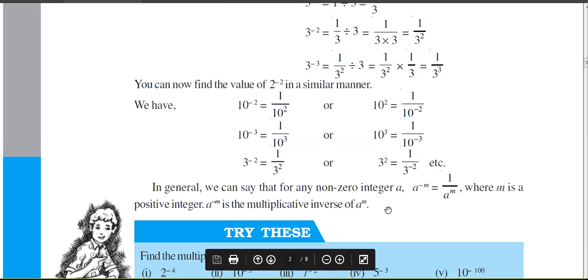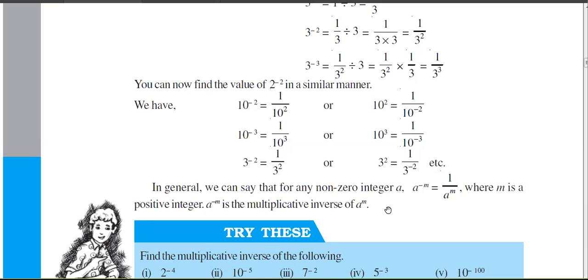For example, when you multiply 5 by 1 by 5, you get 1. So 1 by 5 is the multiplicative inverse of 5, and similarly 5 is the multiplicative inverse of 1 by 5. When you multiply 3 by 1 by 3, you get 1, so 1 by 3 is the multiplicative inverse of 3, and 3 is the multiplicative inverse of 1 by 3. That defines multiplicative inverse.